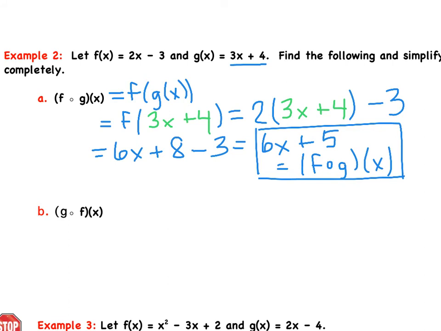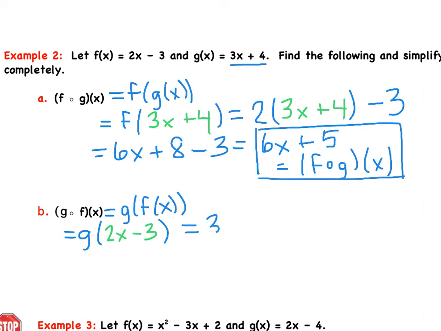Looking at example B, here I have g of f of x, which can also be notated as the following. Here I want to substitute in the equation of f of x for f of x, so what that's going to look like is g of 2x minus 3, just using substitution there. Now I'm going to take my equation of g and substitute 2x minus 3 in for x.